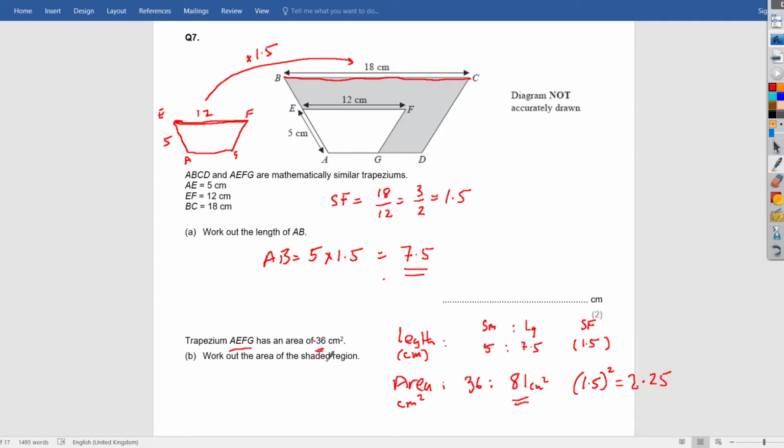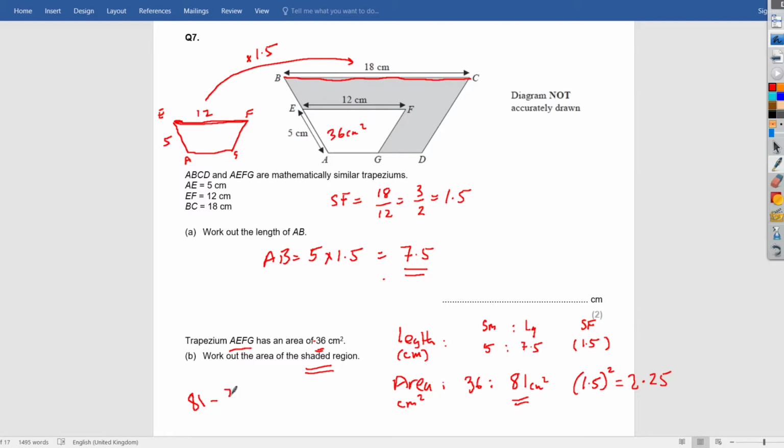So find the area of the shaded region, and that is the area of the larger trapezium. We've been asked to find the shaded region, so what we need to do is get the 81, which is the larger trapezium, take away the smaller trapezium, which is that white area here, which is 36 centimeters squared.